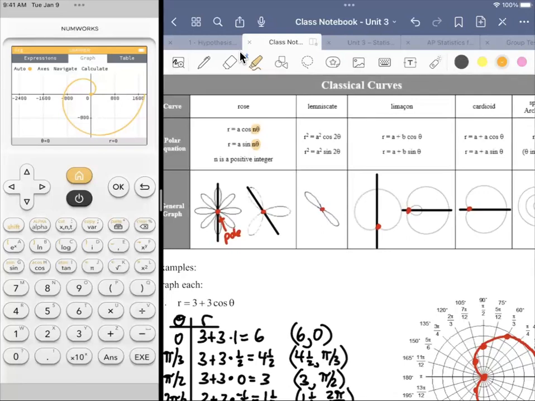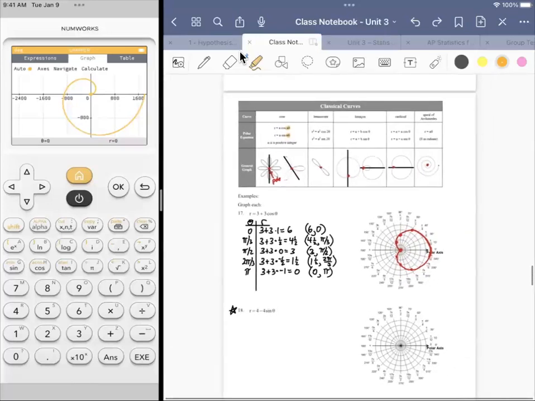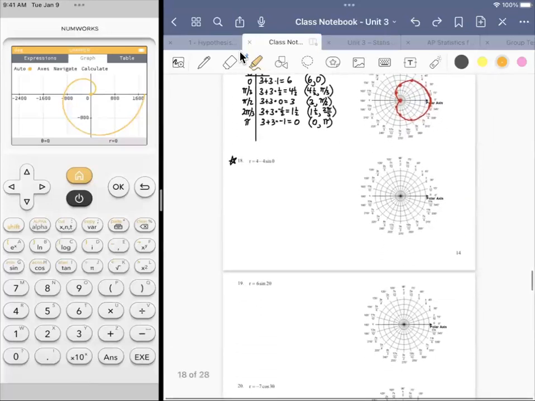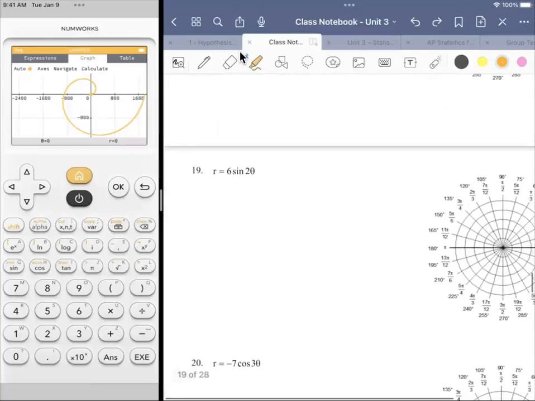All right. Now you'll see here, if you look at the diagrams, we have a rose with 8 petals and a rose with 3 petals. You could have a rose with 16 petals. Like how many petals are there? We don't necessarily know that going in, but we'll figure it out.